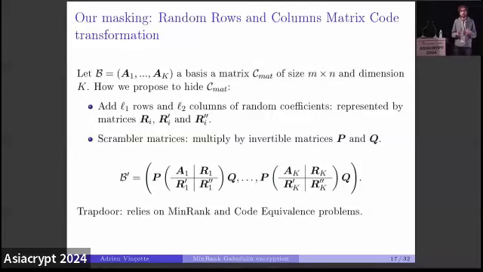And we multiply by invertible matrices P and Q to propagate all the coefficients in the matrices. The trapdoor relies on the MinRank and the code equivalence problems.